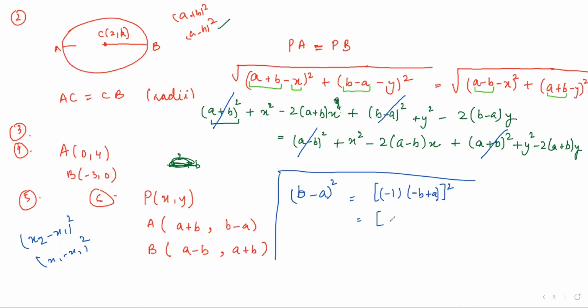So this will be minus 1 into, so minus b plus a, you can write a minus b, no problem, whole square. Just a first and minus b after it. Now minus 1 whole square into a minus b whole square. So minus 1 whole square will become 1, and a minus b whole square, which is equal to a minus b whole square. Understood, Azan? Yes, ma'am. Okay.